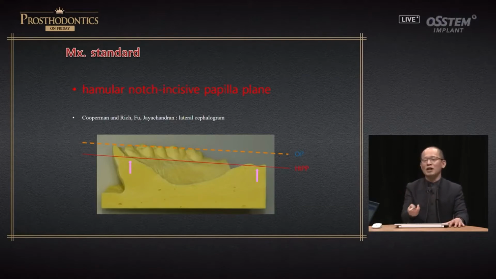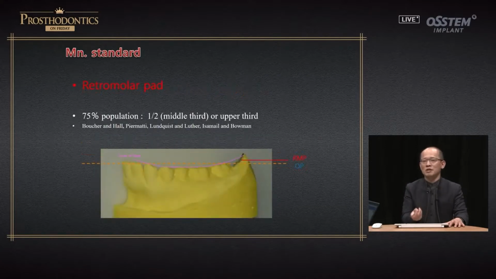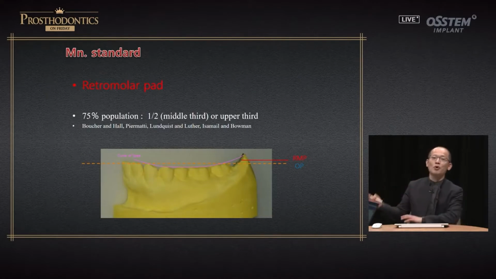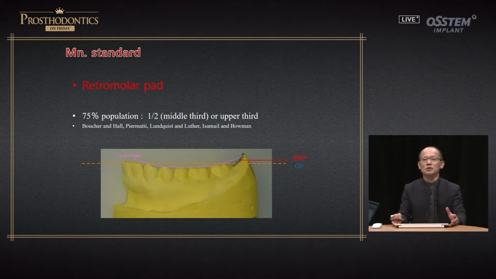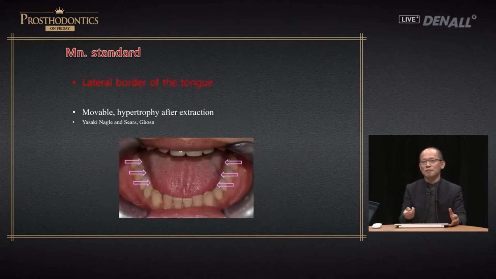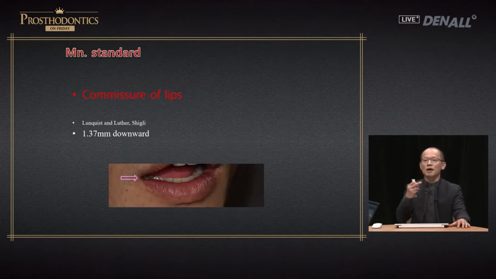And what is important is that you have to look at different standards, not follow one index or standard, but look at different things. So you do an assessment orally, and you create models to evaluate. Also the tongue, when the tongue is resting, you see the height being similar to the occlusal plane, again from the textbook, and the commissure of the lips is something you also reference a lot.